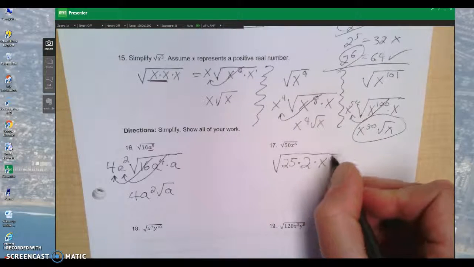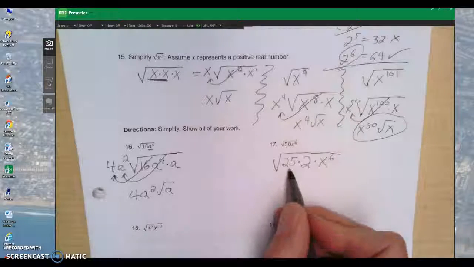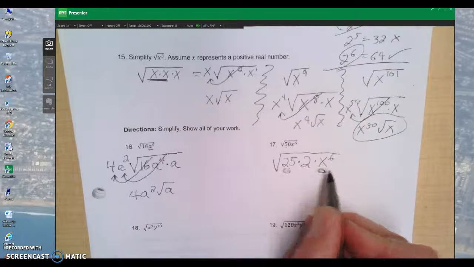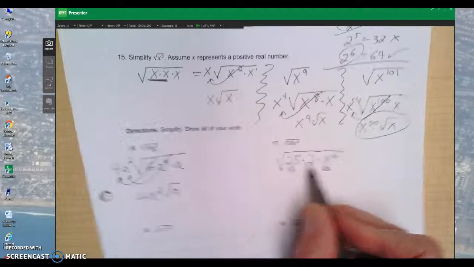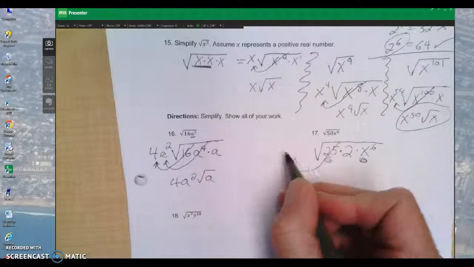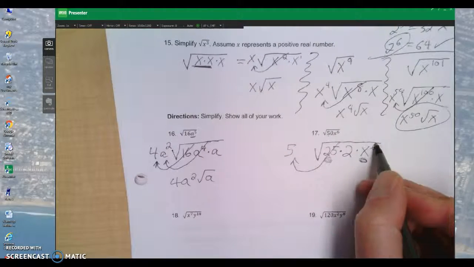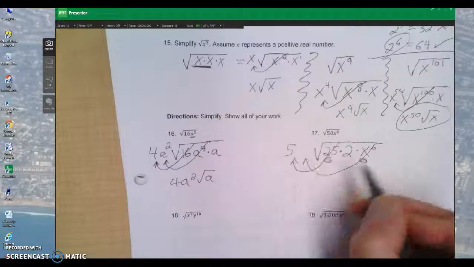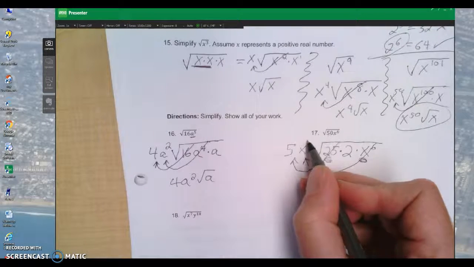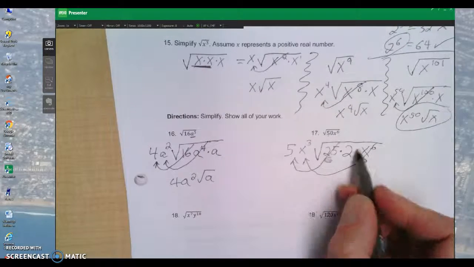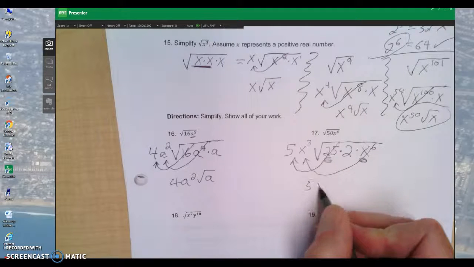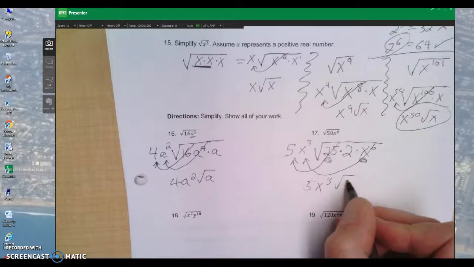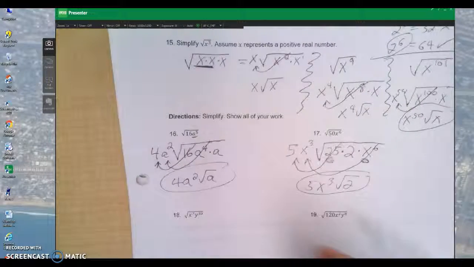And times x to the 6th? Now this guy right here and this guy right here are both perfect squares. He has a square root of 5. He has a square root of x to the, cut it in half, third. And he's not a perfect square, so he stays put. 5x cubed, radical 2.